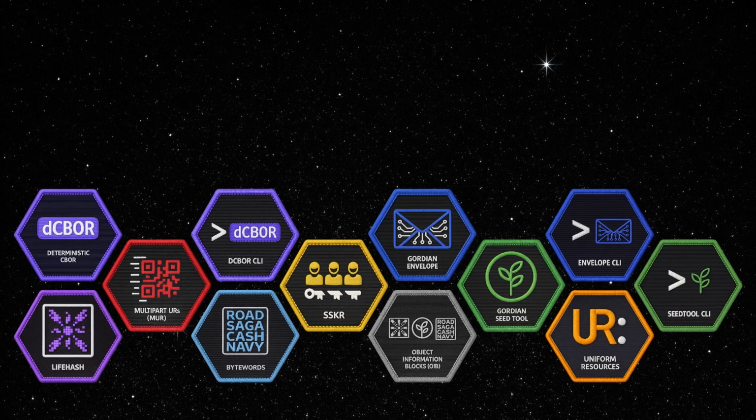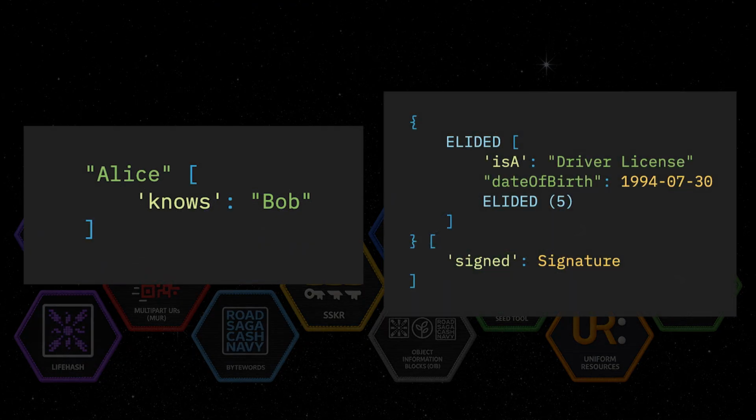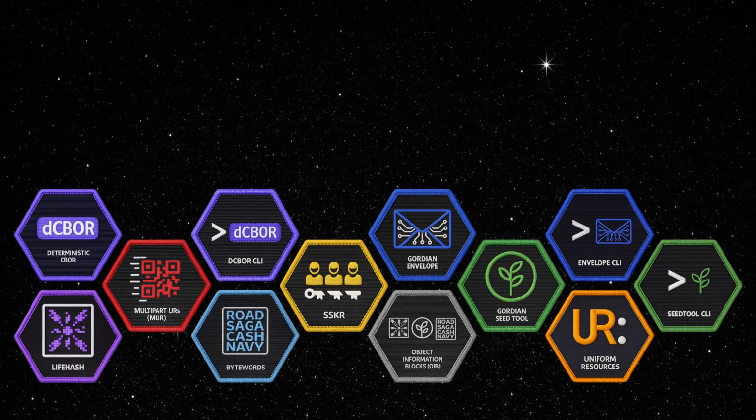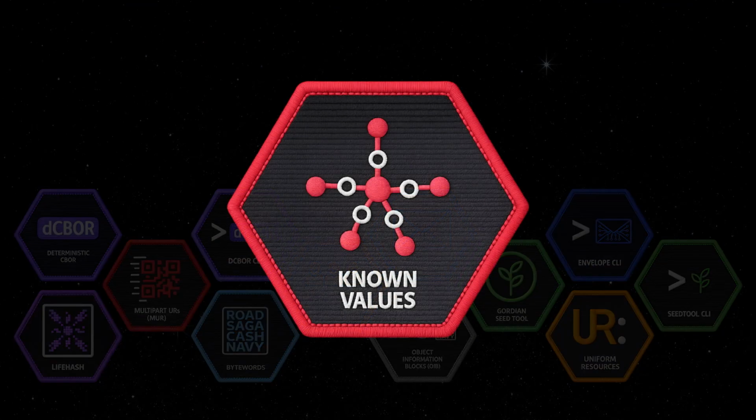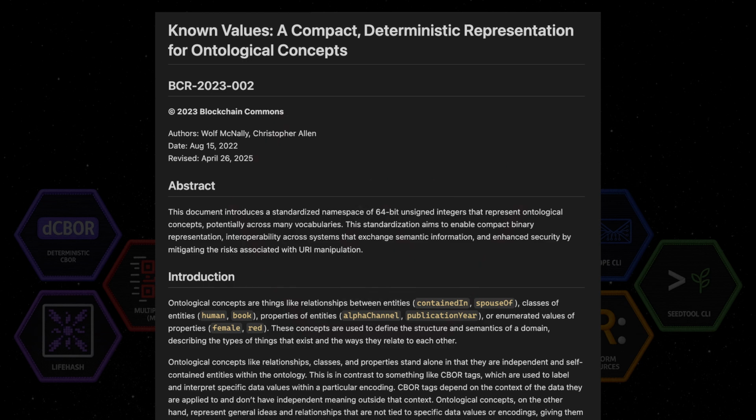Gordian envelopes use predicates like Alice knows Bob or the document is signed by a given signature. For predicates like knows and signed, it's useful to have a compact, unambiguous representation. Known values are integers exclusively assigned to common concepts: is-a, note, has recipient, dereference via, and so on, registered in a public registry.